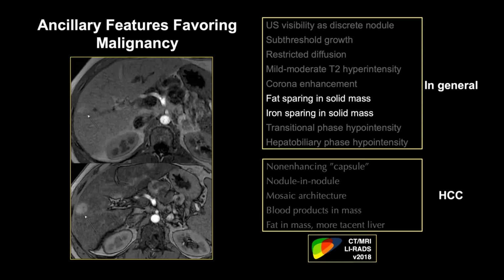I lumped these two together, the fat sparing and iron sparing in a solid mass. So when the background liver is fatty or iron laden, observations that are spared of this diffuse change is a feature favoring malignancy.